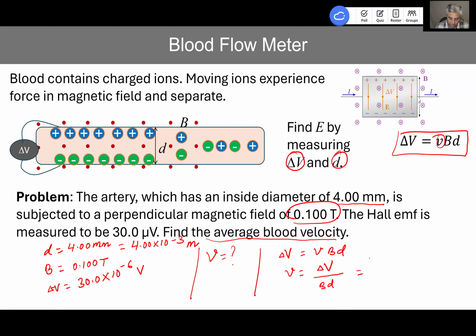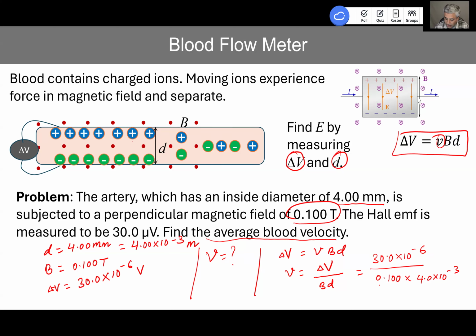And now delta V is 30.0 times 10 to the power negative 6. B is 0.100, and D is 4.0 times 10 to the power negative 3.